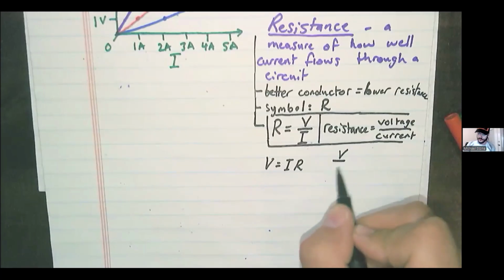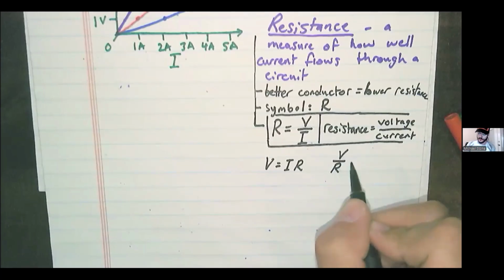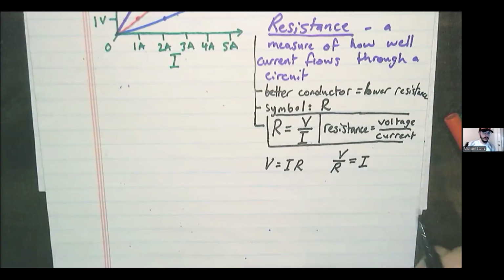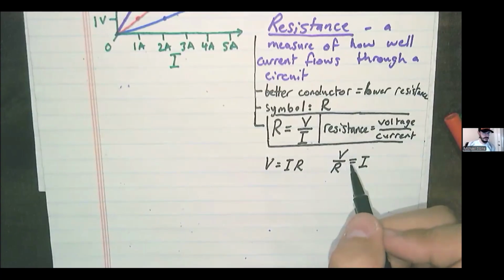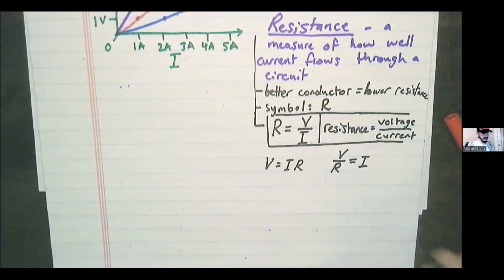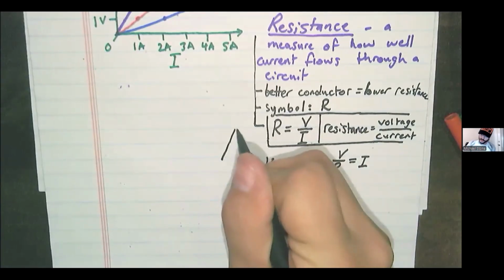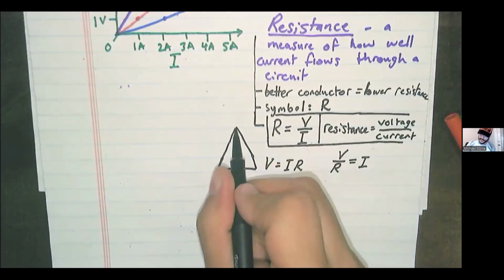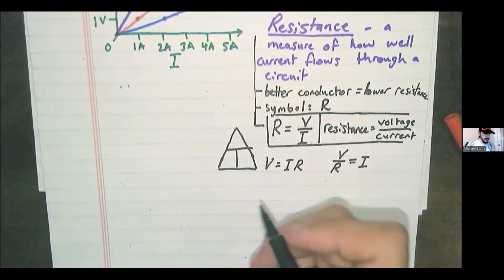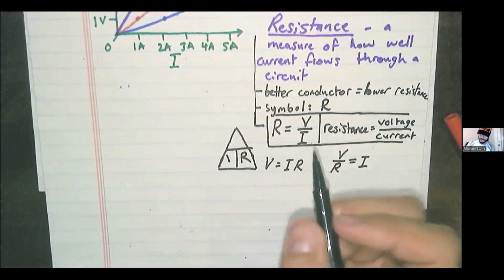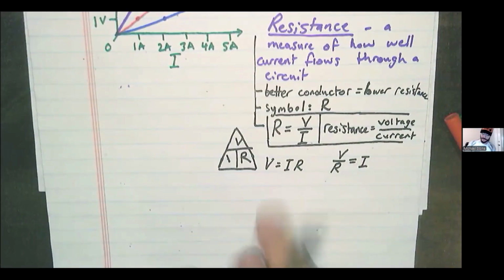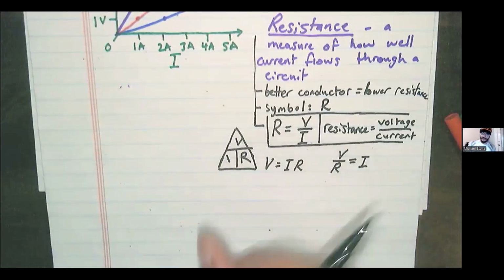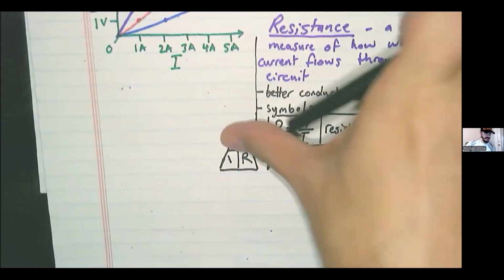Of course, you could also do voltage per resistance determines the amount of current, and that also kind of jives with the force per mass determines how much you accelerate. Or you could do what most aspiring electricians do, and you could use your cheater's triangle and let it do the algebra for you. V over I solves for R. You just cover up whichever one you want to solve for, and you get the equation.